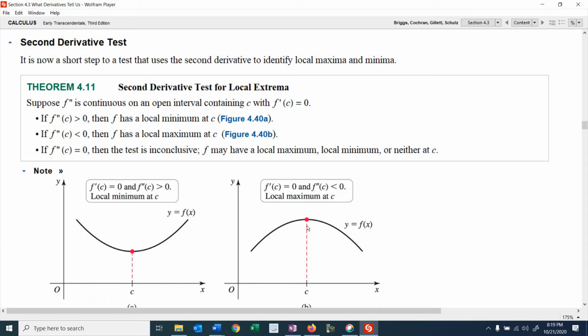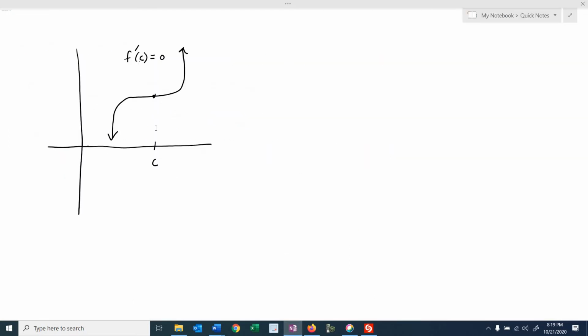Okay, in this case, of course, you have a critical number at c, but the way you would classify it using the first derivative test is you would note that it's increasing on this side and decreasing on this side, and therefore you have a local maximum at c. Now, if it were a case like this, you have a critical number here at c because the first derivative is 0 there.